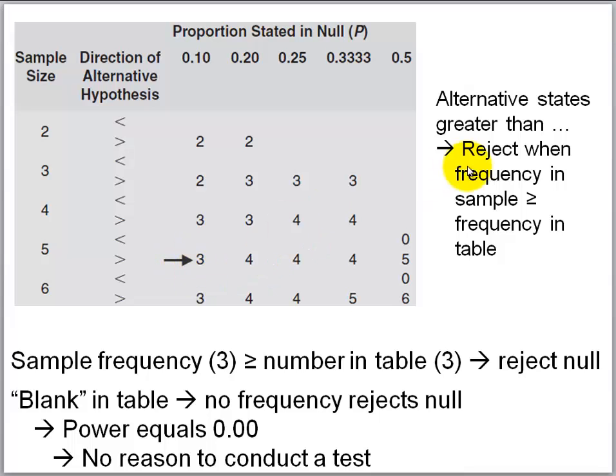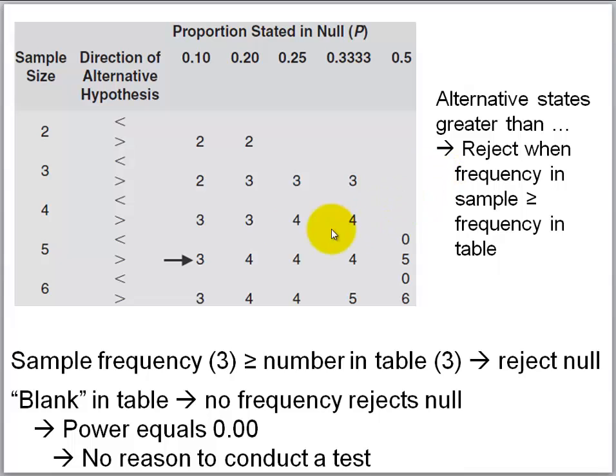Now, having seen how we reference the appropriate number in the table, I need to go ahead and state for you the decision rules. When the alternative states greater than, the decision rule calls for you to reject the null when the frequency in the sample is greater than or equal to the frequency in the table.